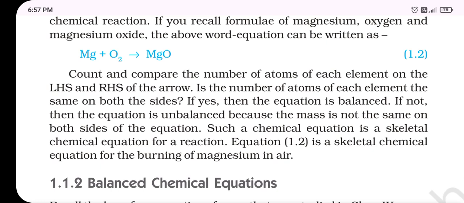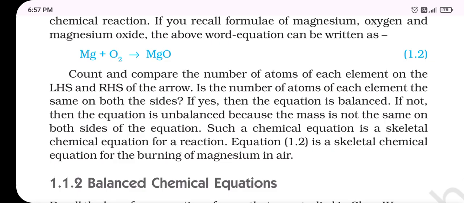But why are we going to balance the atomic weight? Because science talks about the universe, and in the universe there is no creation and no destruction. We can't form and we can't destroy.